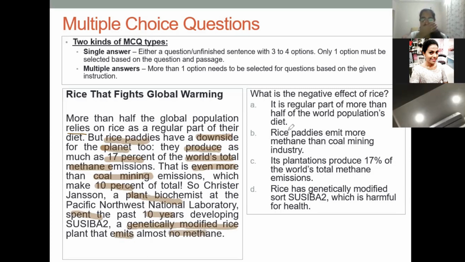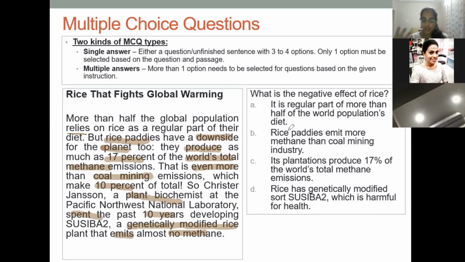So what have I understood in this? That maximum people across the globe consume rice. However, rice paddies, or the fields where you grow rice, have a downside. And the downside is maybe not for people, but for the planet. What is it? It produces as much as 17% of methane, which is a dangerous gas.